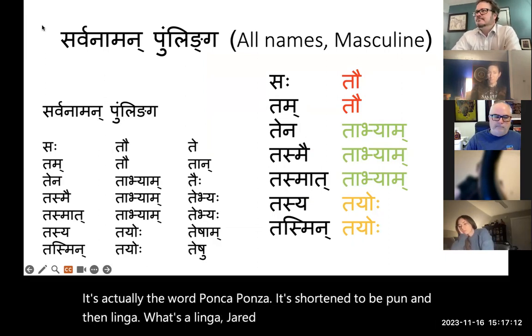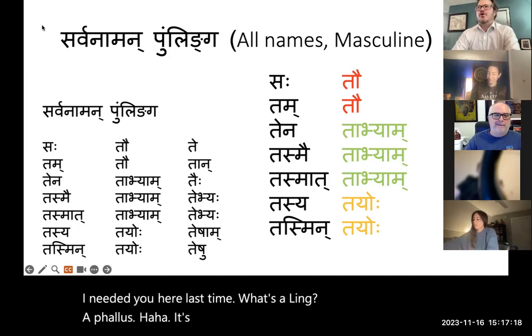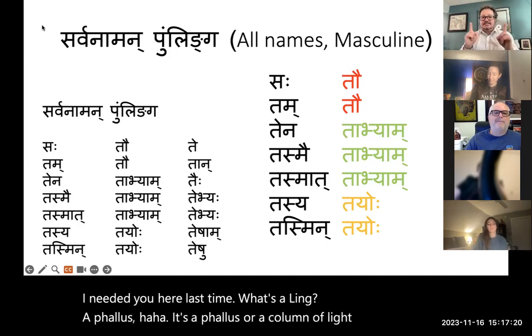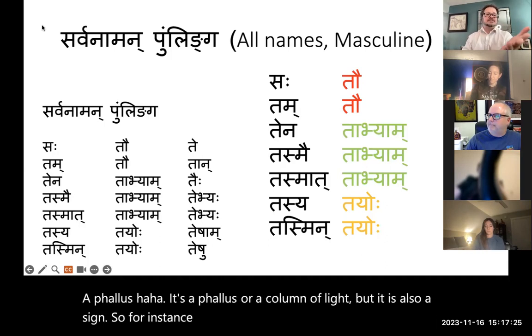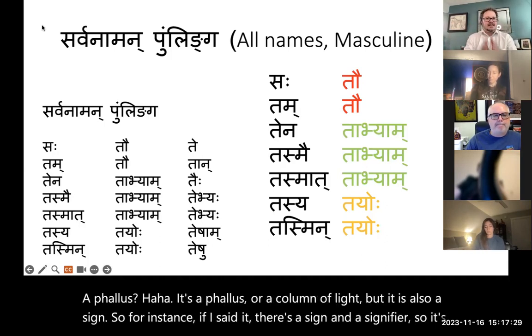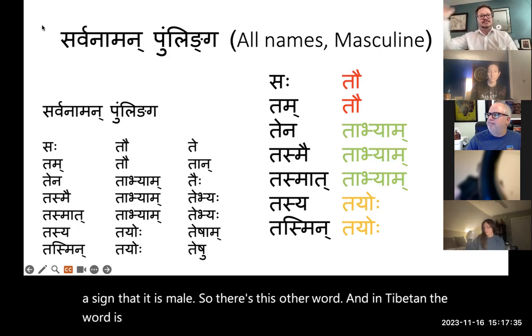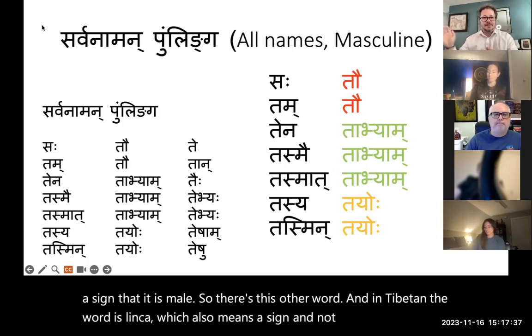What's a linga? A phallus. It's a phallus or a column of light, but it is also a sign. So there's a sign and a signifier. It's a sign that it is male. In Tibetan, the word is linka, which also means a sign and not a phallic symbol or a column of light.